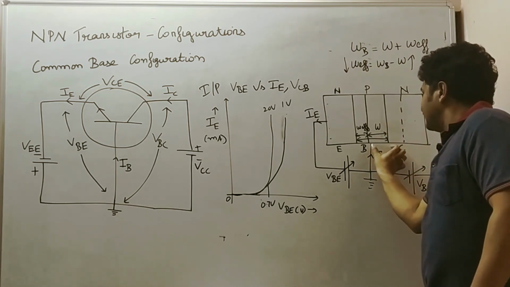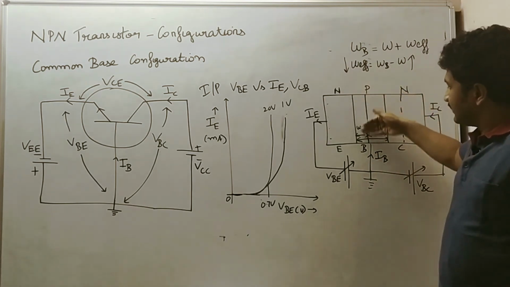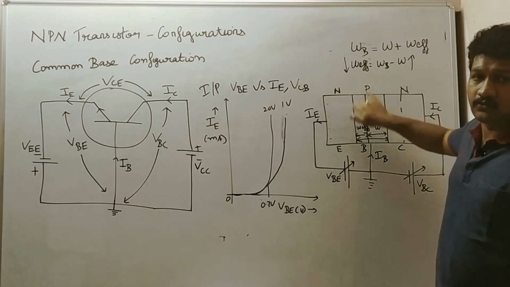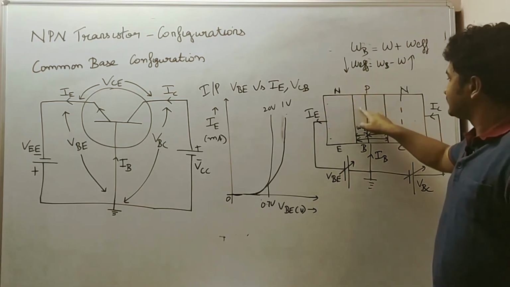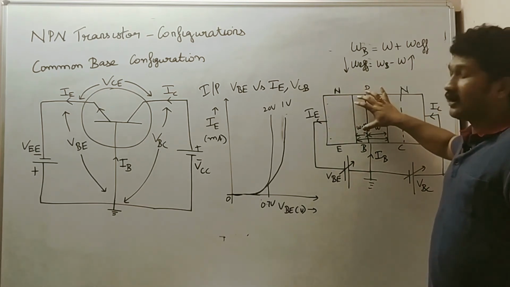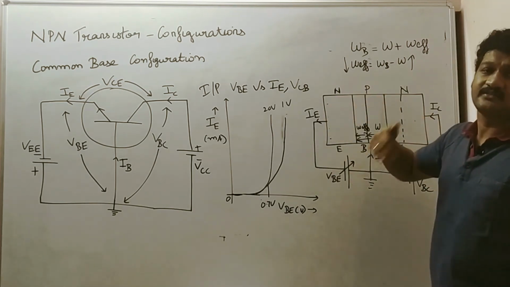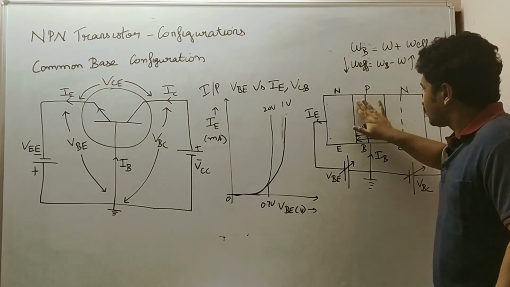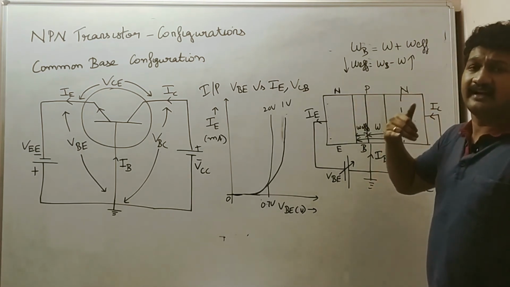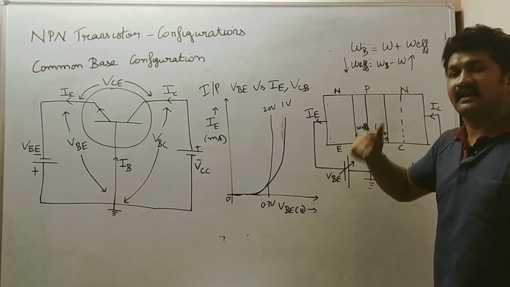So this depletion width increases and W effective is reduced, so the electrons reaching this junction cannot stay here for a long time, and more and more electrons reach here. Due to more and more electrons reaching and crossing over this junction, the early effect is created, which increases the emitter current.